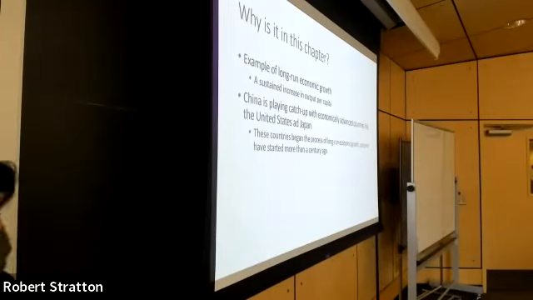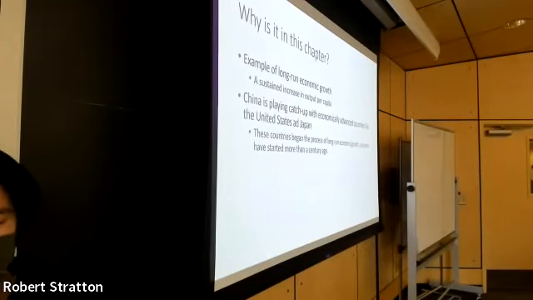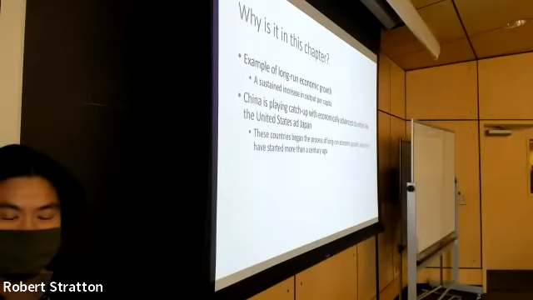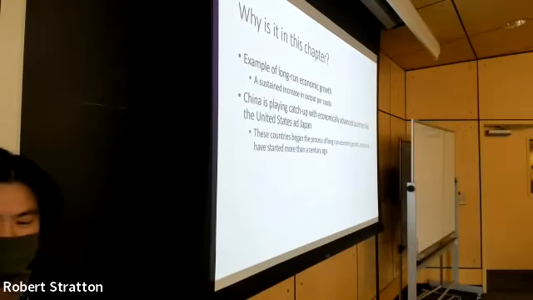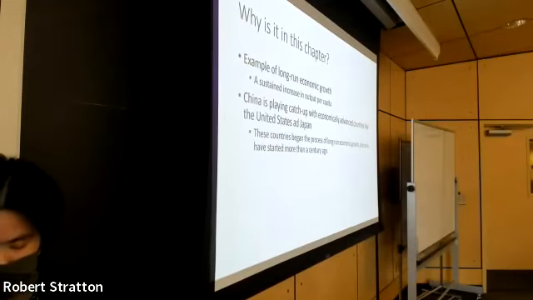So why is this in this chapter? So it's an example of long-run economic growth, which is a sustained increase in output per capita. But in comparison, China is playing a catch-up game with economically advanced countries like the United States and Japan. And these countries have begun the process of long-run economic growth, and some have started more than a century ago.